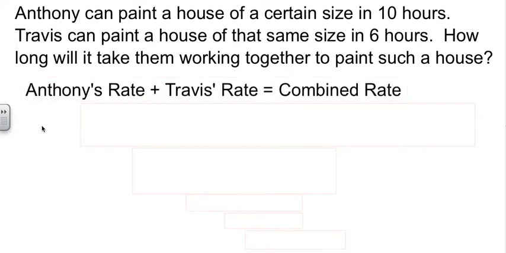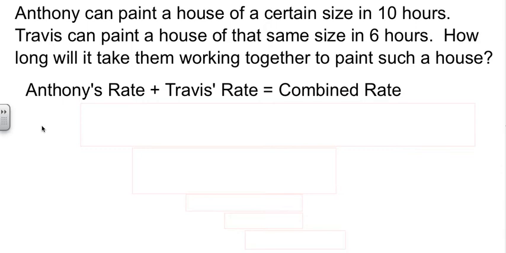Now, a lot of people go on autopilot and say it's got to be the average of their two times. So 10 hours plus 6 hours and then divided by 2, it must be 8 hours. And that could not be more incorrect. If you think about this for just half a minute there, Travis can do it in 6 hours alone. If Anthony's helping him, it shouldn't take more than 6 hours.